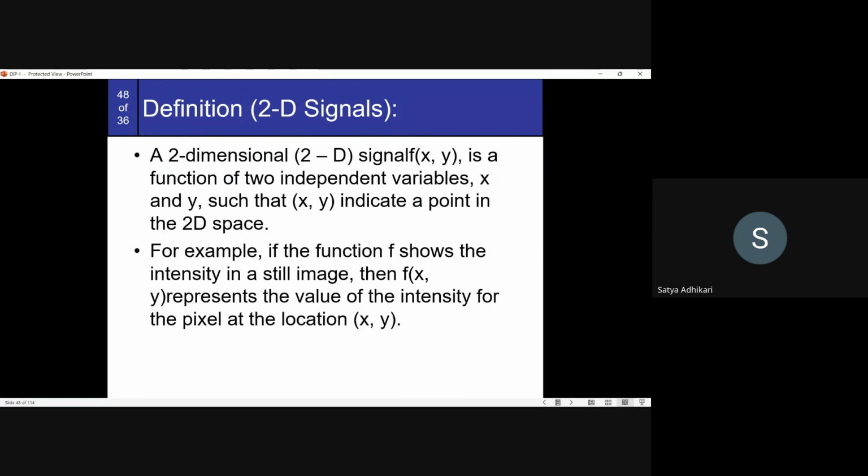So the important thing is that our image is considered a two-dimensional signal. One is (x,y), another is f(x,y): the location (x,y) and the intensity f(x,y). That is why our image is called a 2D signal.